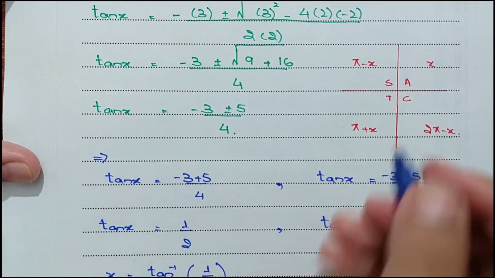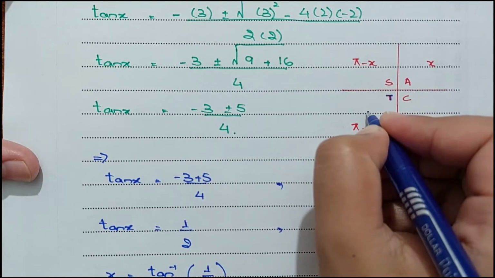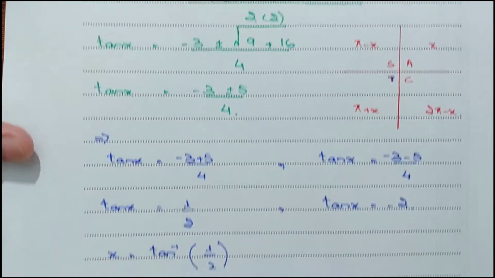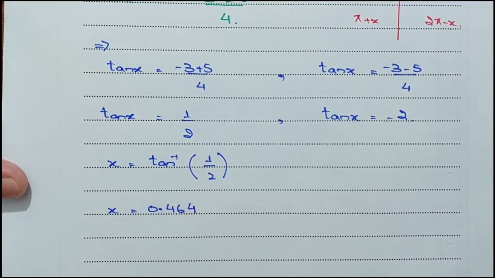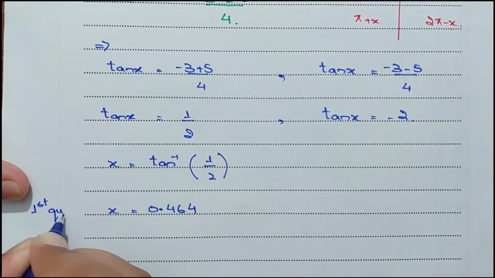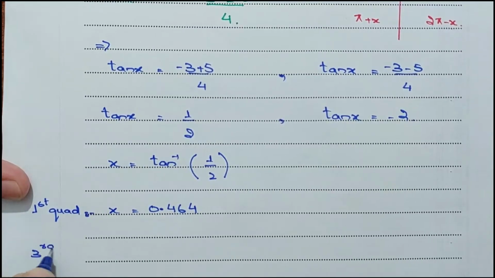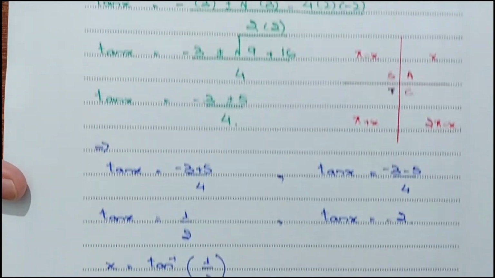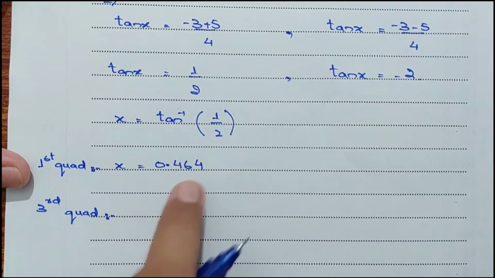All right. So tangent is positive in the first quadrant and in the third quadrant. So this is the value of x in the first quadrant, which is 0.464. Now for the third quadrant, we have to use the operation pi plus x, meaning pi plus this value.